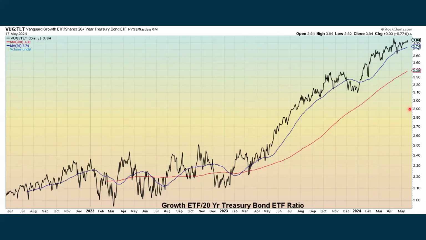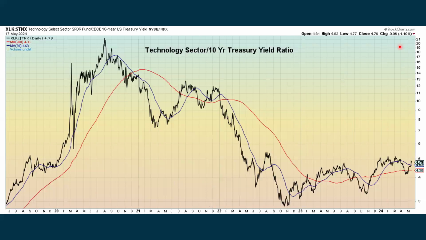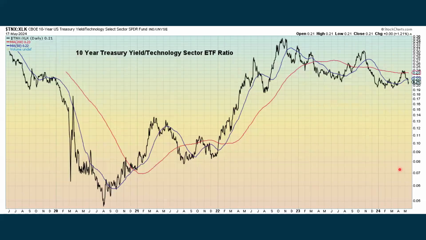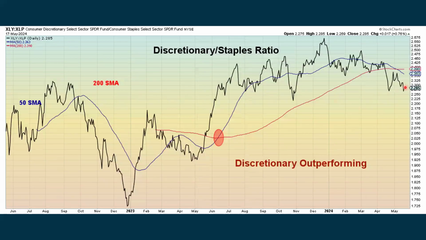We look at growth stocks compared with bonds based on price, and it's probably not a real surprise that growth stocks are outperforming bonds. And the tech sector to the 10-year yield, this has pretty much been chopping sideways, but now the tech sector is showing some improvement, and it's still in an uptrend and has been for most of 2024. Here's an inverse of that same chart showing how the 10-year yield is underperforming the tech sector.